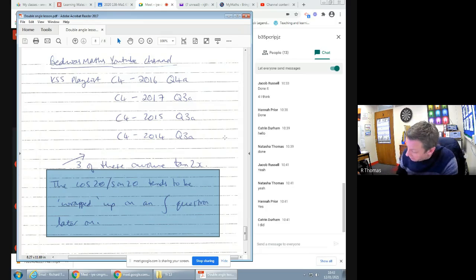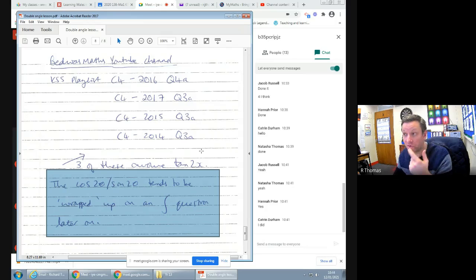Now, if you can remember our integration by parts and integration by substitution questions, at our level of mathematics, we can't integrate a cos squared or sine squared. And sometimes they ask you to do that. So what we'll look at next time is that type of question where you then substitute a sine squared or a cos squared for a double angle, and then you can integrate that.